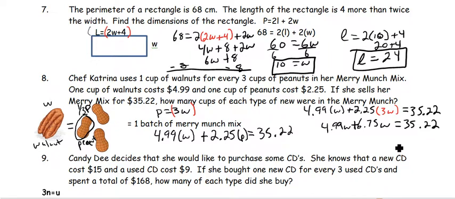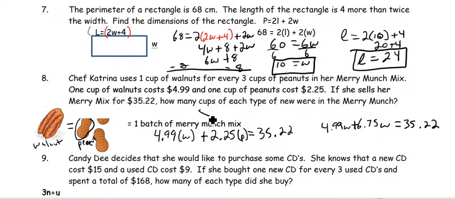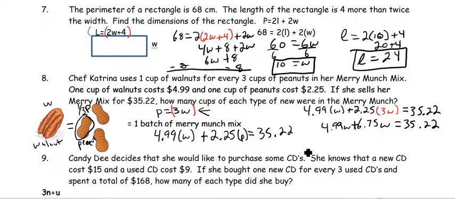Alright, so now what I want you to do is solve for W and then plug that back into this equation, and you'll get the amount of peanuts and the amount of walnuts. Well, let me go ahead and I'll do this for you.